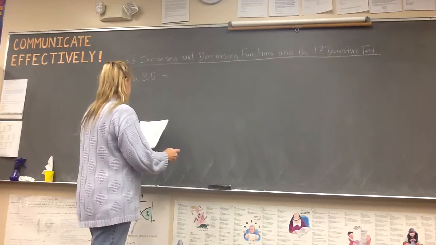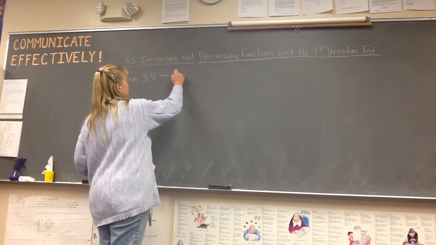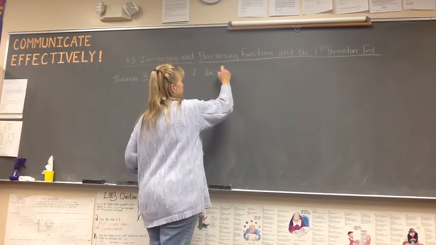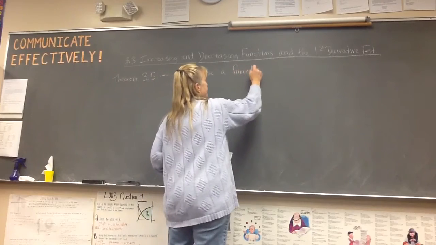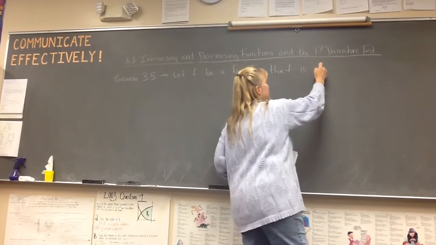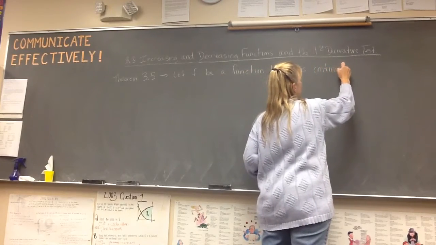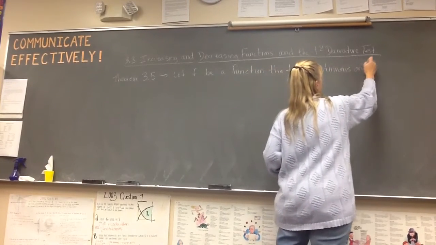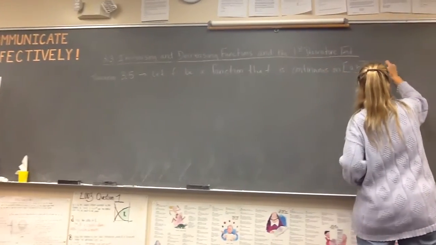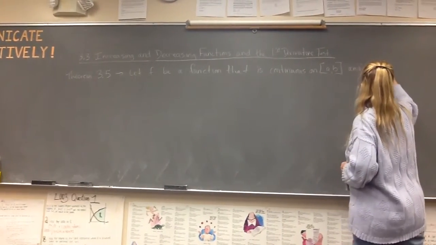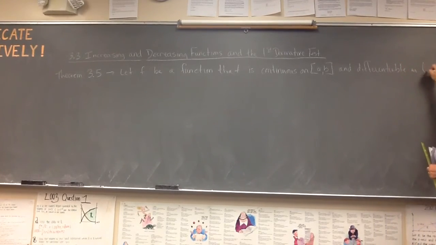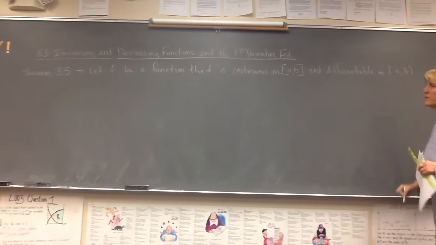Let's start right off saying let f be a function that is continuous on the closed interval AB, and I think you already know, differentiable on the open interval from A to B.